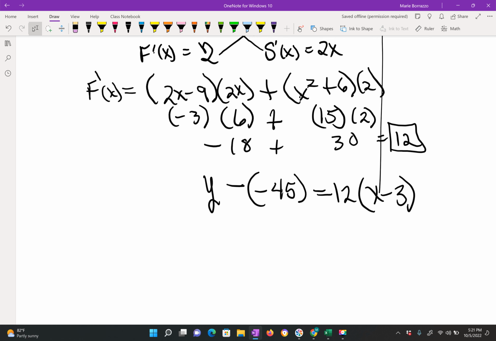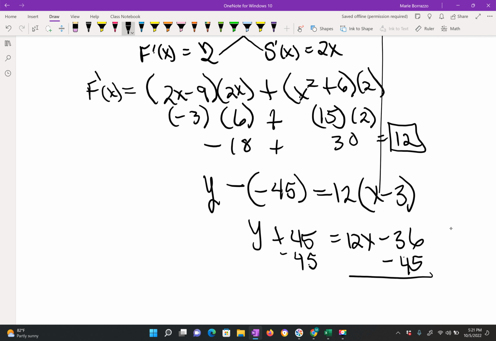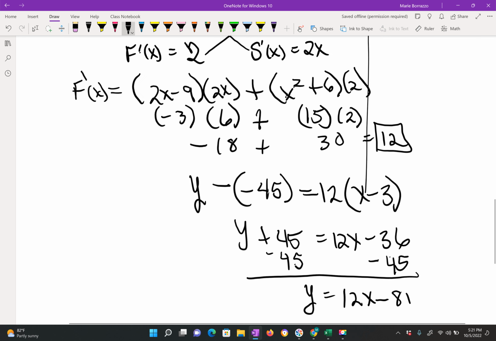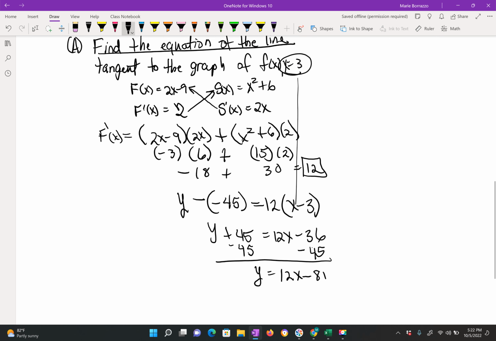So we have y plus 45 is equal to 12x minus 36. If we subtract the 45 on both sides, we end up with our equation, which is y equals 12x minus 81. And that's the tangent line at x equals 3, which answers our question.